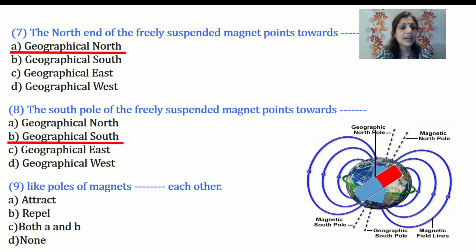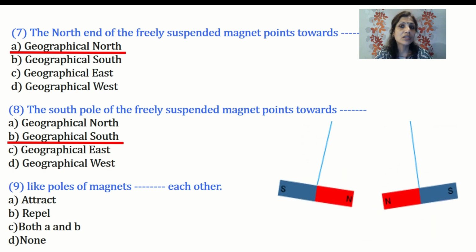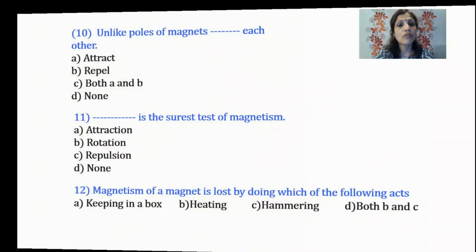Next is, like poles of a magnet dash each other. You have learned the properties of magnets. Look at the figure here. North and north are two like poles, and what is happening there? You can make out that like poles repel each other. Exactly opposite to this, unlike poles of the magnet.